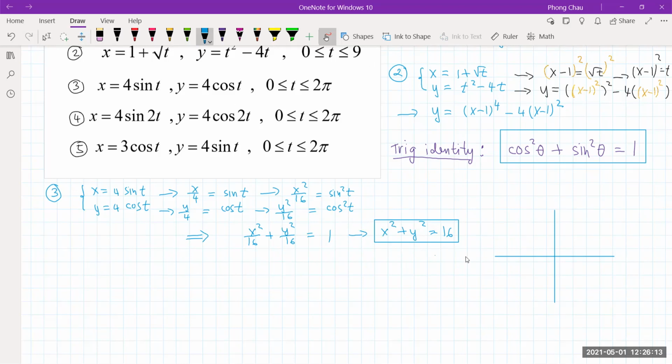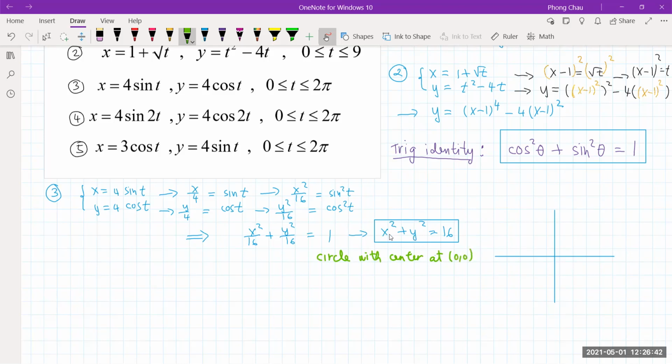Now from here, are you able to identify the curve? Yes, right? That's the whole point of doing this: from here, I can tell you what the graph looks like. This is a circle. We know that's a circle. Where is the center of the circle? The center is at the origin.